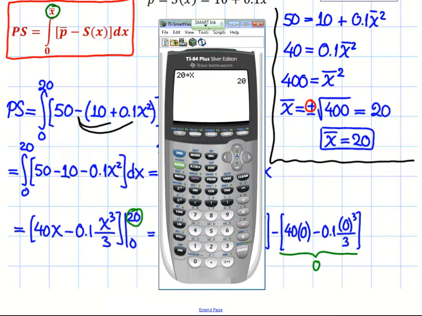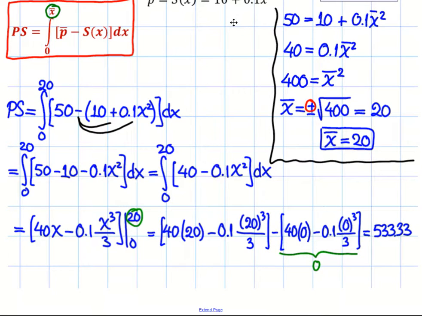And then we have 40x minus 0.1 x cubed divided by 3. We already stored 20 into x, and doing that we have 533.33. And that's what we have.